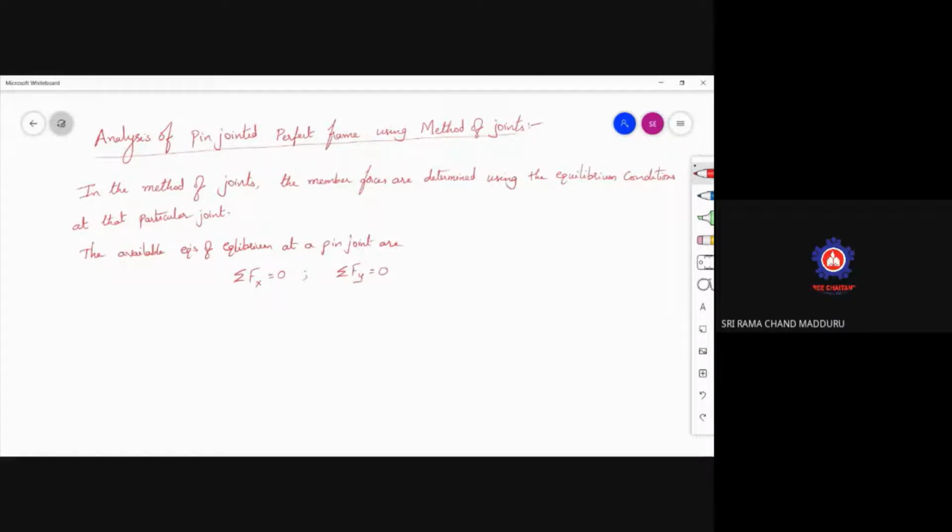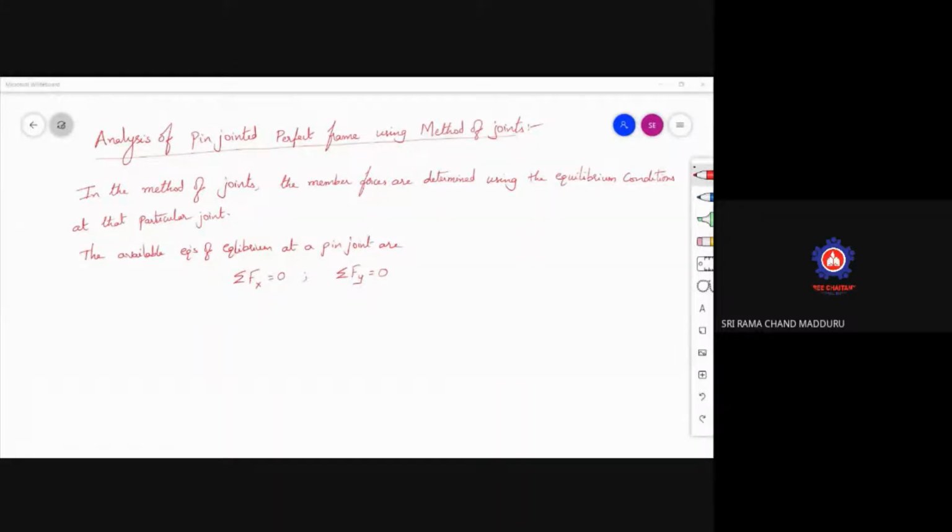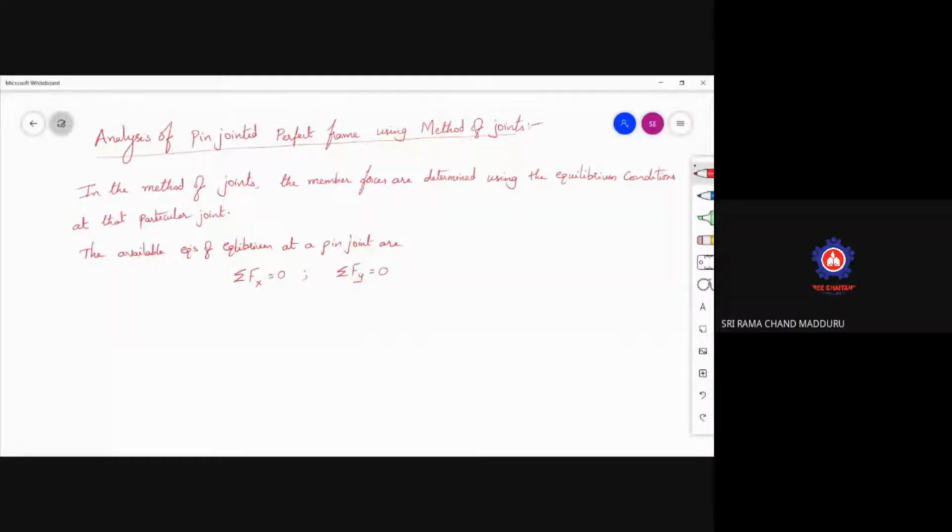Now understand here, in a plane structure, a two-dimensional structure, we know that the available equations of equilibrium are three: sigma fx is equal to 0, sigma fy is equal to 0, sigma m about any point is equal to 0. Whereas here I am saying the available equations of equilibrium are two only. Why am I saying this? Because we already discussed that at a pin joint there will be no moment.